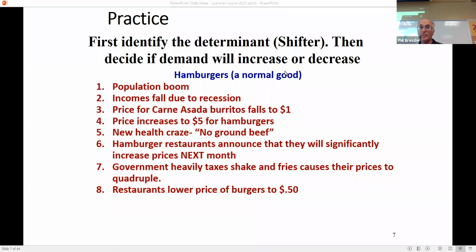Yeah, so the determinant would be market size due to the population boom. And then it would be an increase in demand because of market size. So you'd put market, increased demand. Okay, now knock out the other 7. Okay, no problem, Luke. All right, I'll give you guys 6 or 7 minutes to go through that.